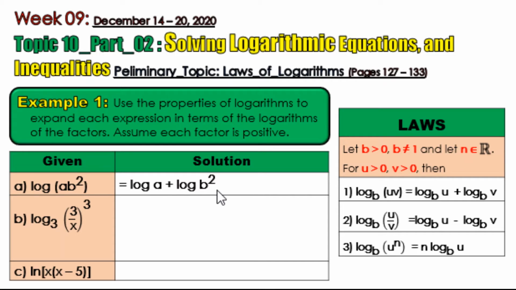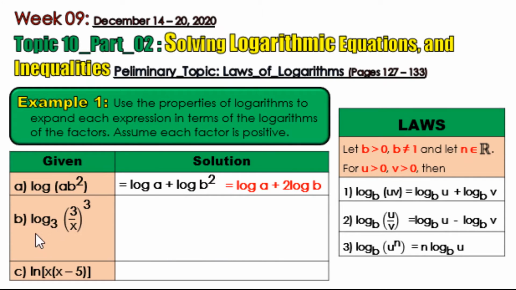And if you can observe, the exponent of b is 2. So we can further expand this using the third law. We have the exponent, and therefore the answer for that is the logarithm of a plus 2 times the logarithm of b. So for example A, we have used the first law and the third law. Okay, that is for example number 1, letter A.